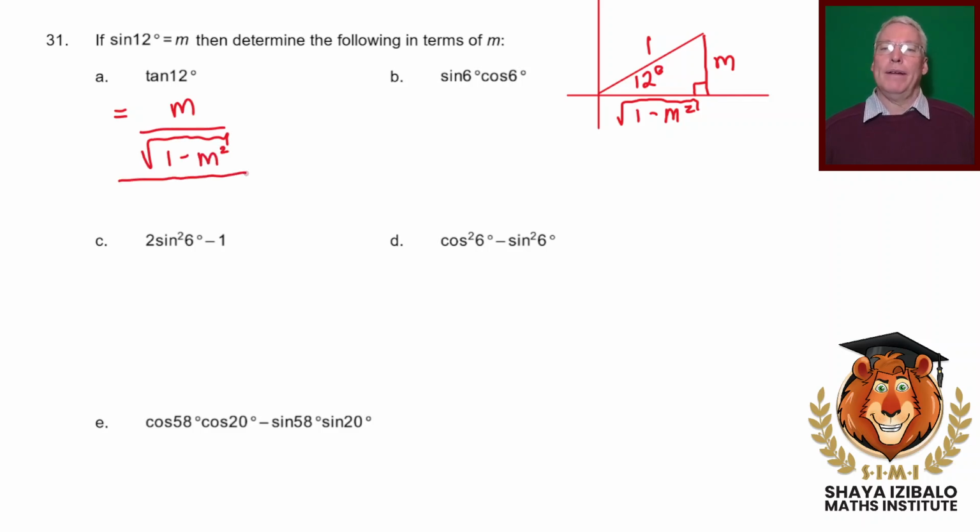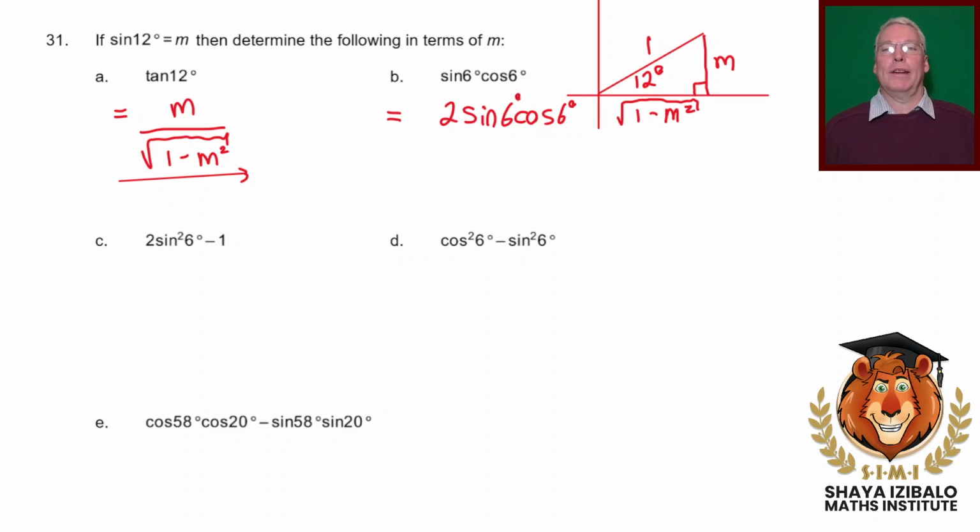Okay. The next one is sine x cos 6. Now sine x cos 6 looks a lot like our double angle formula for sine, but it would be nice if it had a 2 here. So if it was 2 sine x cos 6, we can't change the question.